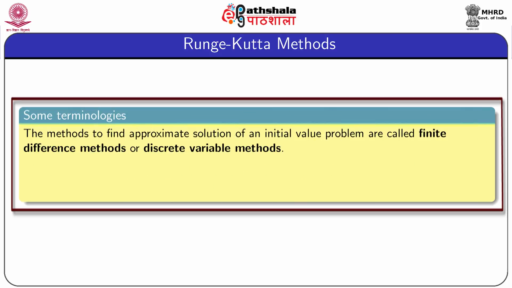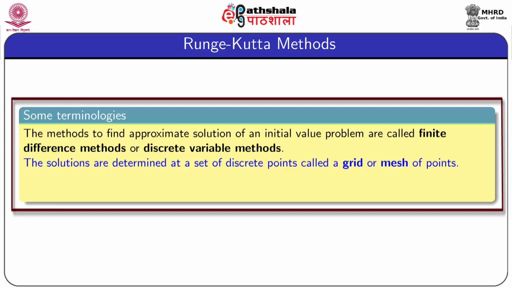The methods to find an approximate solution of an initial value problem are called finite difference methods or discrete variable methods. In a numerical method, the differential equation is converted to a discrete algebraic equation. The solutions are determined at a set of discrete points called a grid or mesh of points.